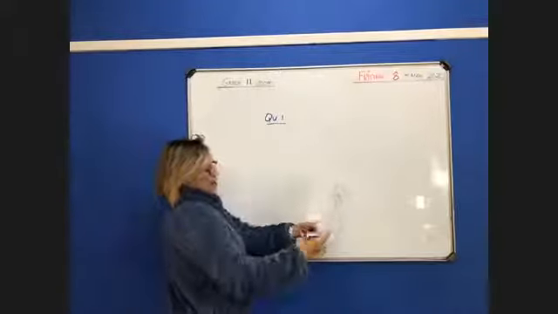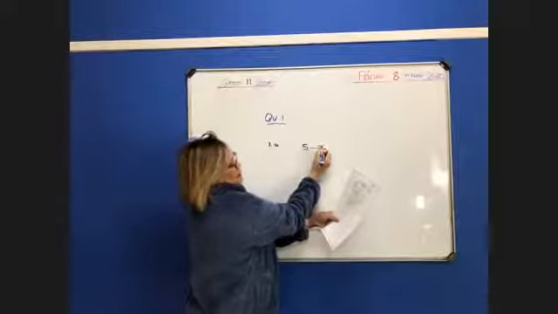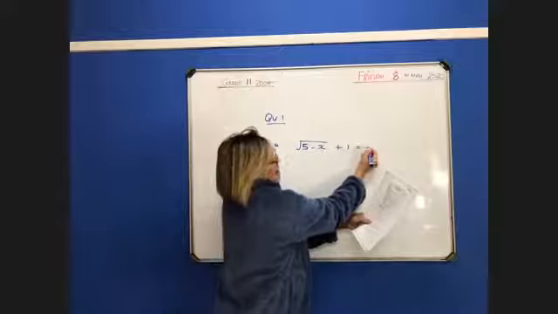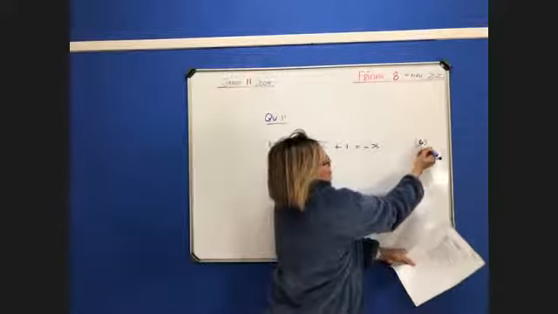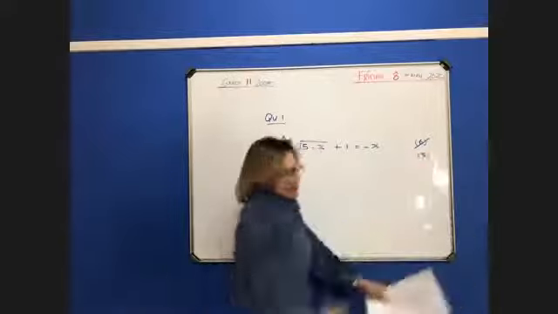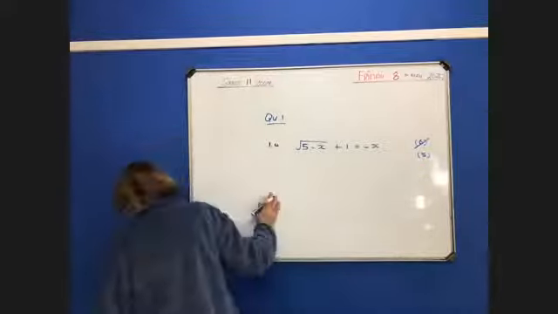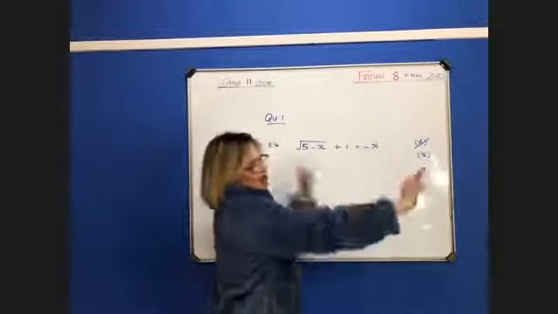Am I right? 1.4, solve for x: you've got the square root of 5 minus x, plus 1, is minus x. That's the question. Now it says 6 marks, change that to 5 marks. If you remember with this question, if you try and square like that, you get nought.